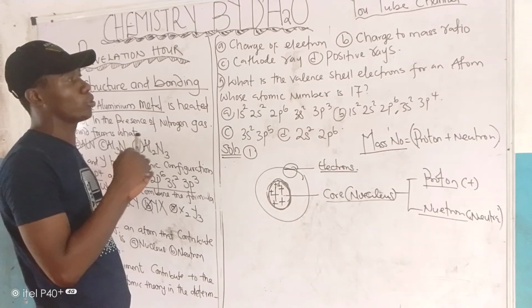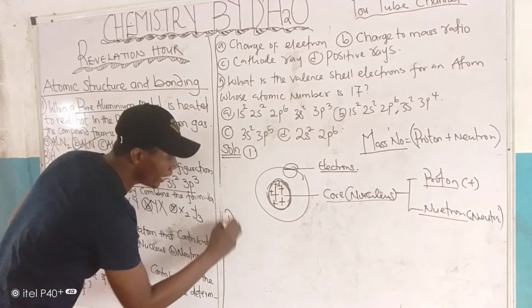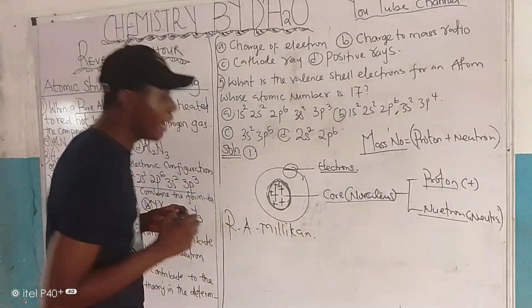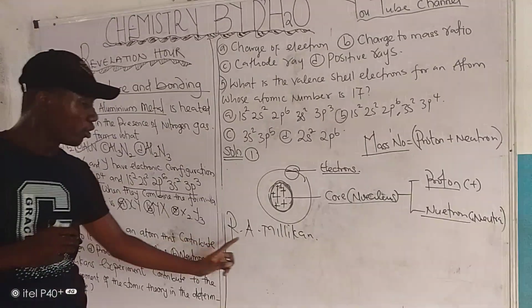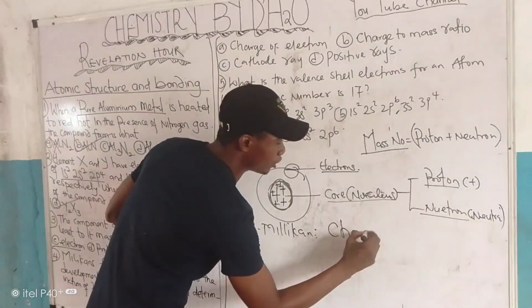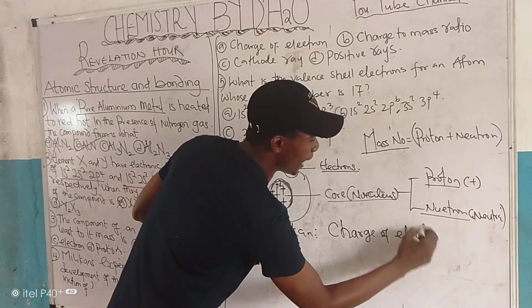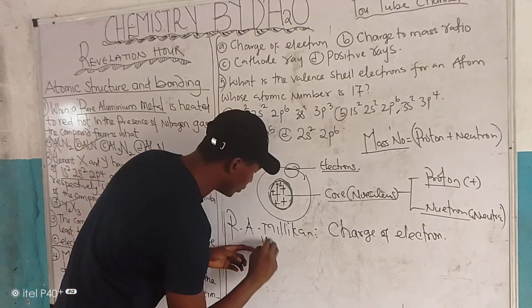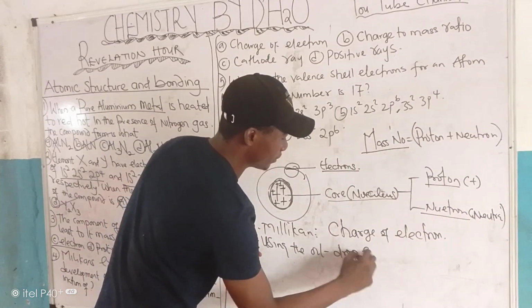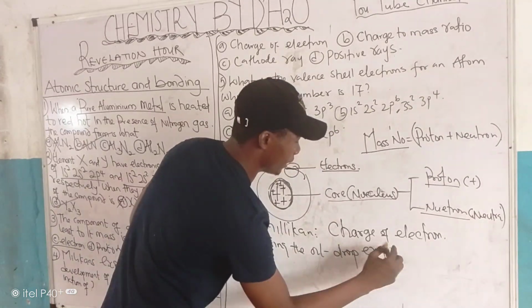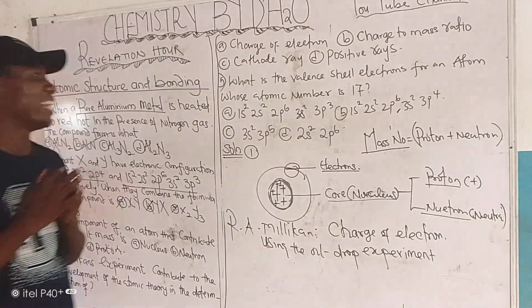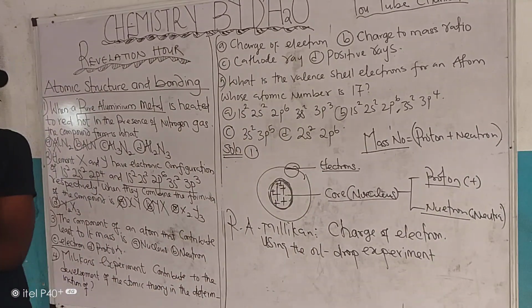Please remember, according to the atomic theory, Millikan discovered or measured the charge of the electron using the oil drop experiment.